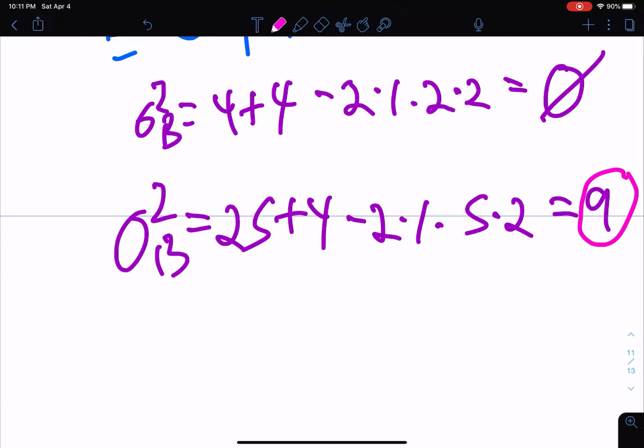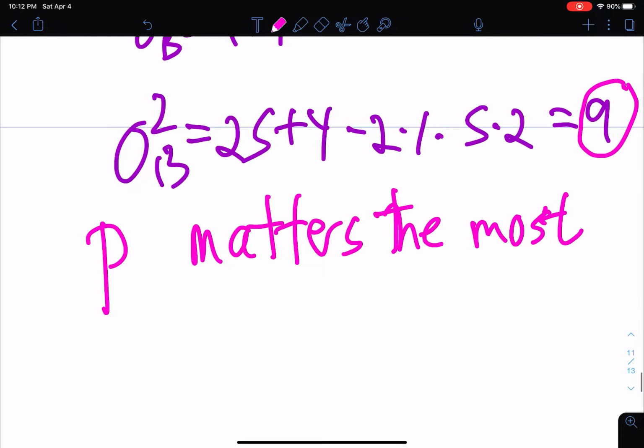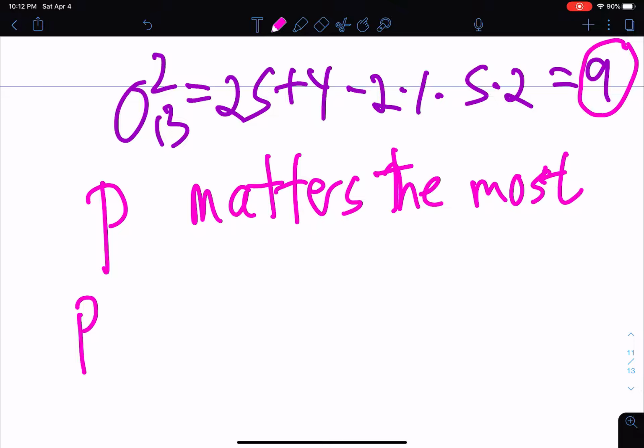In the real world, rho matters the most. Rho being the correlation coefficient. In the real world, rho matters the most. And you should know that the correlation coefficient between cash prices and futures prices is never equal to 1.